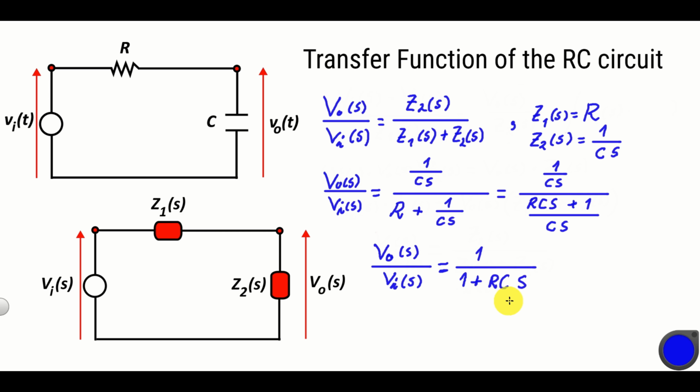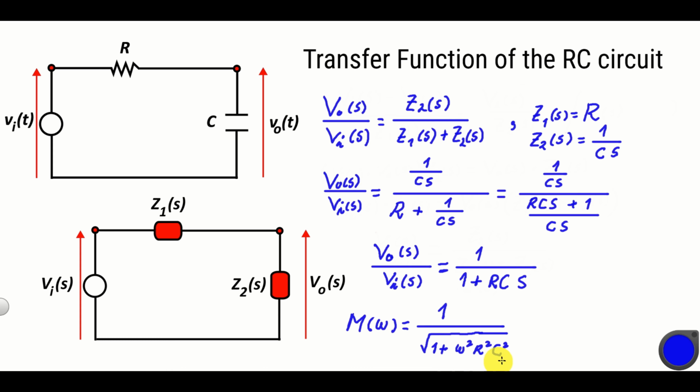Here, I will briefly explain how to derive the cutoff frequency of this circuit. The magnitude gain of the frequency response of this circuit is given as follows. M of omega, where omega is a radial frequency, is equal to 1 over the square root of 1 plus omega squared R squared C squared. Now, we know that the cutoff frequency is the frequency for which the magnitude is equal to 1 over the square root of 2.